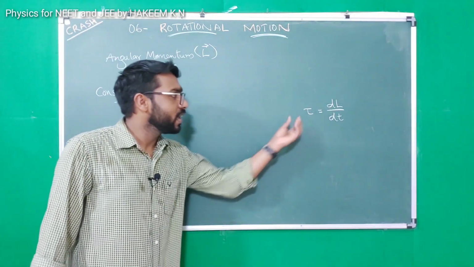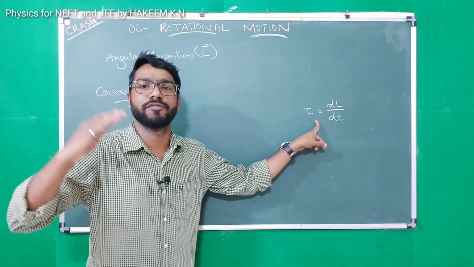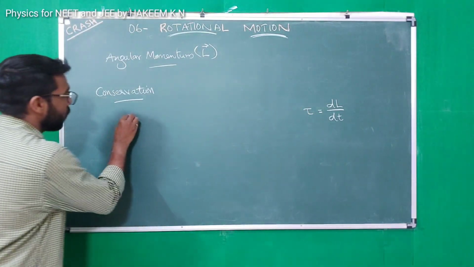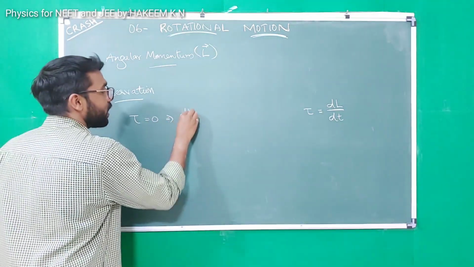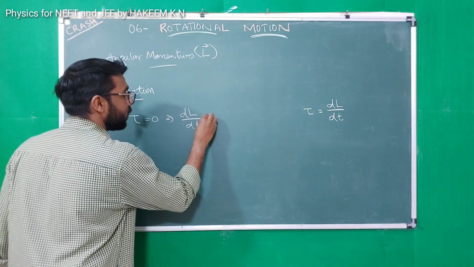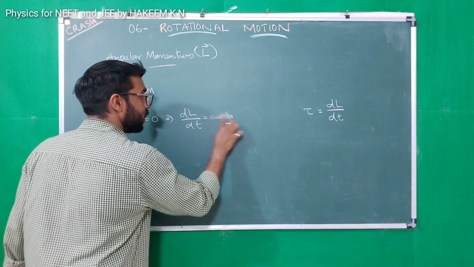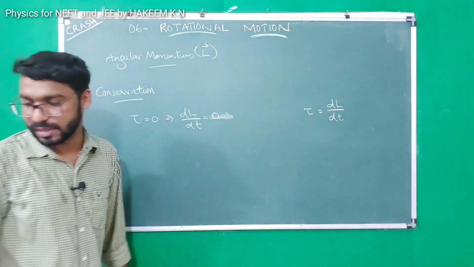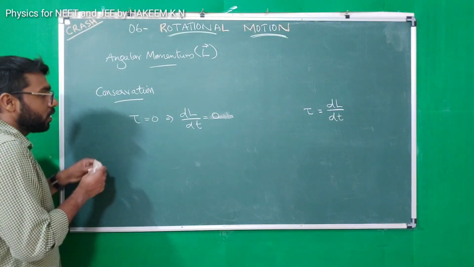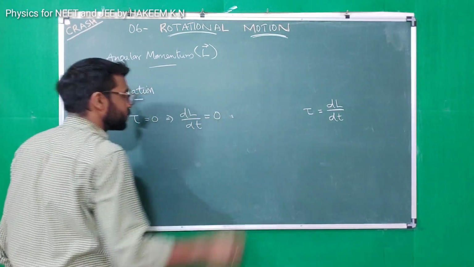So we can say if net torque acting on a system of particles is 0, if tau equal to 0, then dL by dt equal to 0.